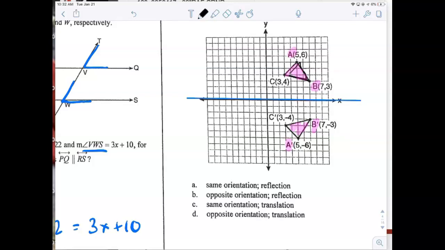So first eliminate choices C and D, which have the word translation. Any reflection changes the orientation. Going A to B to C, we're going clockwise, and going A prime, B prime, C prime for our image, it's counterclockwise. So the orientation is not the same, which means it's choice B, opposite orientation.